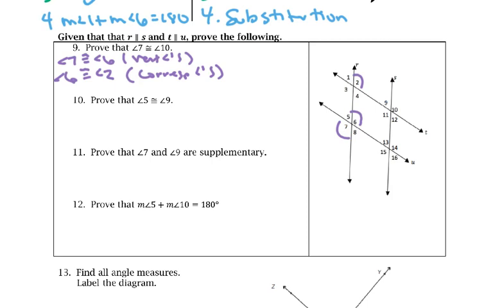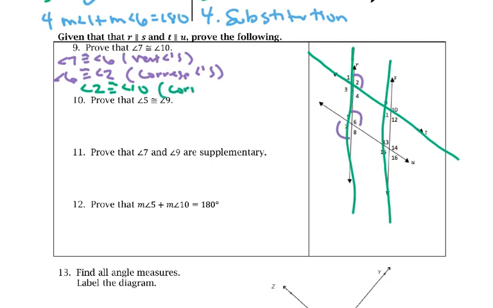And then if I look at 2, and now look at my lines that I have, this line and this line being parallel and that being my transversal, angle 2 is congruent to angle 10 because they're corresponding angles. And so then because of that, if 7 is congruent to 6 and 6 is congruent to 2 and 2 is congruent to 10, then angle 7 is congruent to angle 10.